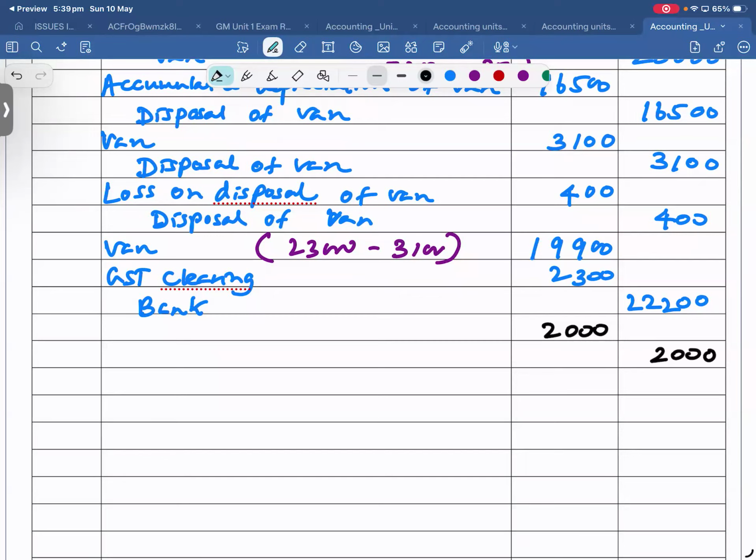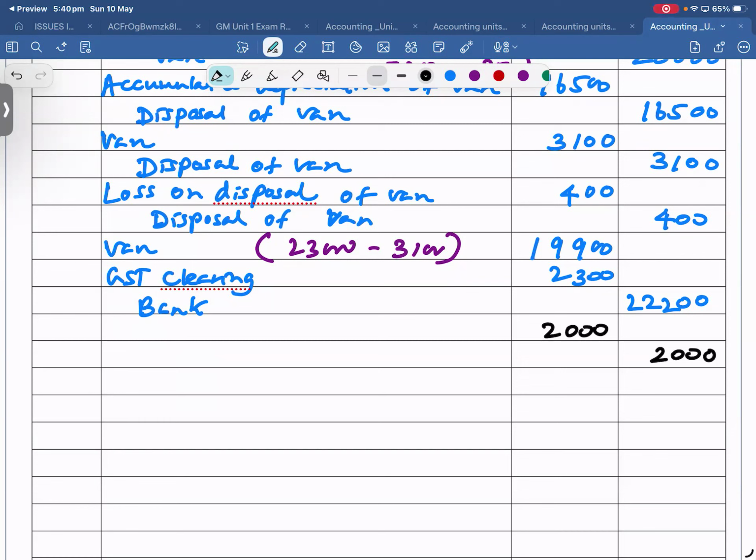Accumulated depreciation. That's accumulated. No, depreciation, sorry. Okay, what is debit and what is credit? Credit and debit accumulated depreciation. And debit, credit? You are close. What's the double entry?